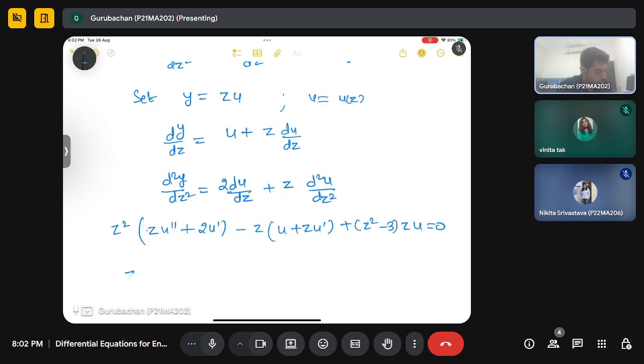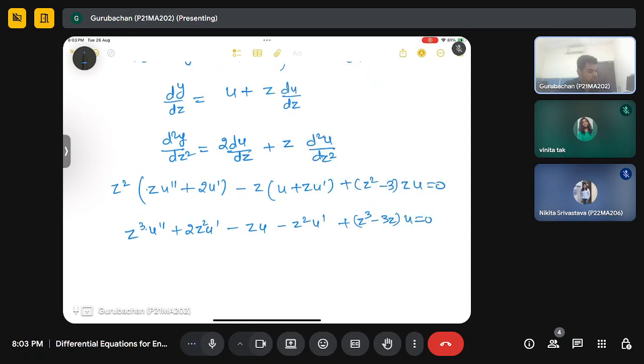So if you solve it, you will get z square u double dash plus 2 times of z square u dash, and from here 2 times of, let me write it, then only it is easy to see, 2z u dash minus zu minus z square u dash plus z cube minus 3z u equal to 0.